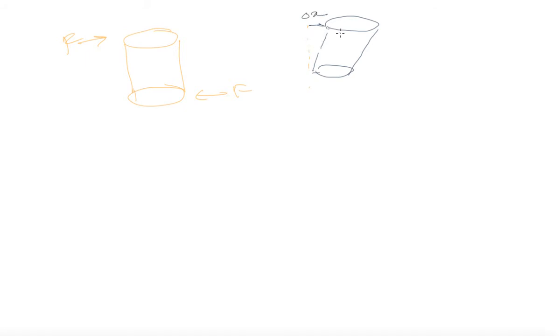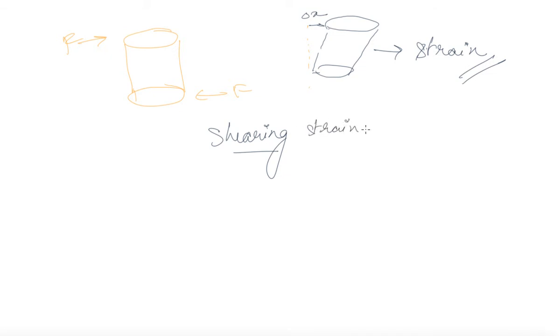This type of change is also a strain, but this strain has another name, and that is called shearing strain. This is defined as del x upon L. This is the theta that is being displaced.